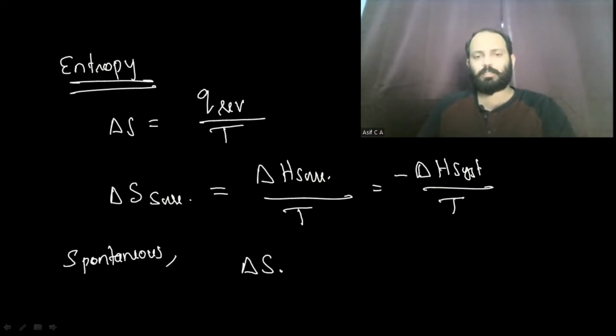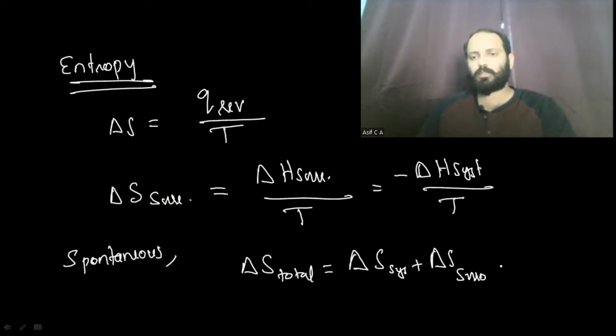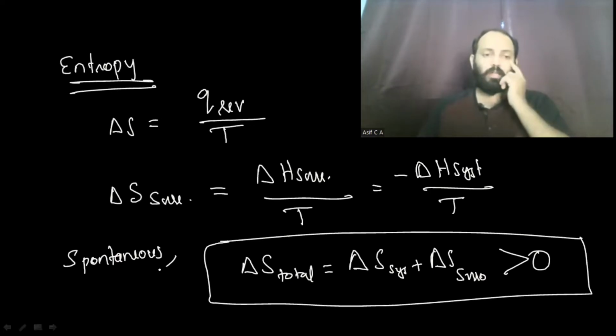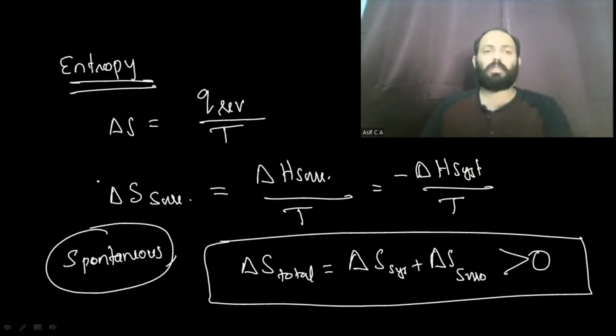Delta S total, that is delta S of system plus delta S of surroundings, should be greater than 0. So if delta S total is greater than 0, the reaction will be spontaneous ன்னு நம்மளால சொல்ல முடியும்.